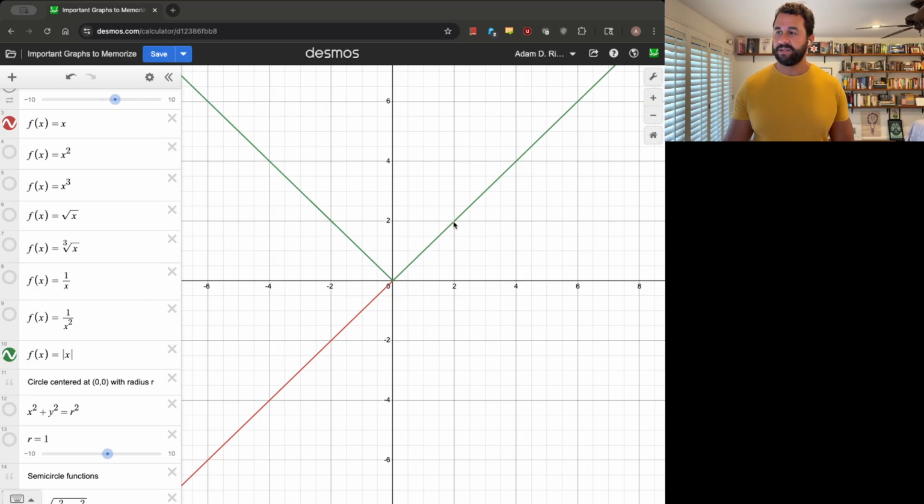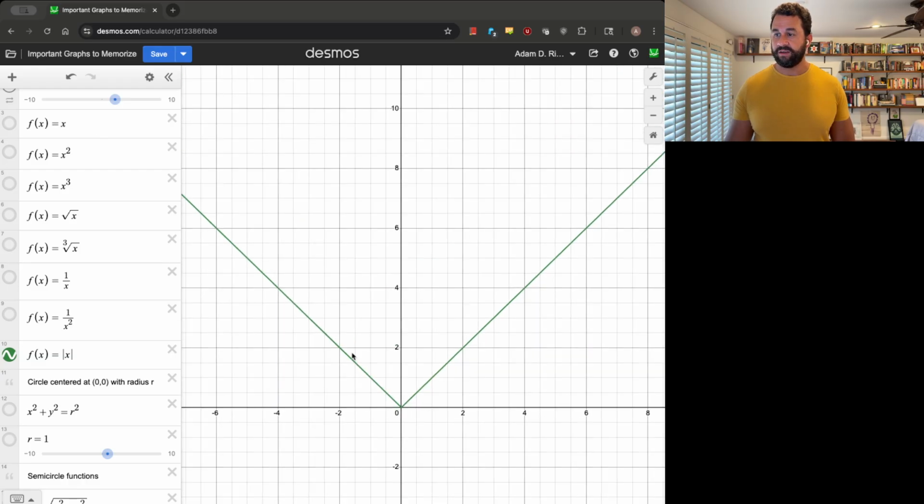That's what we talked about in chapter 1. Now, if the x value is negative, the absolute value function takes the opposite of that number to make it positive. So it's literally taking this red line and reflecting it across the x-axis, taking all of these negative outputs and making them positive. So absolute value of x looks like this v right here. That's the big idea.